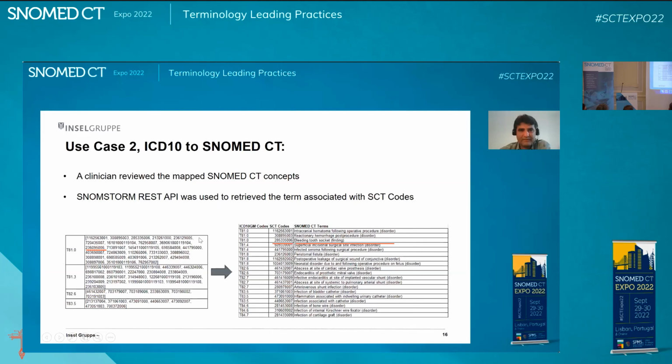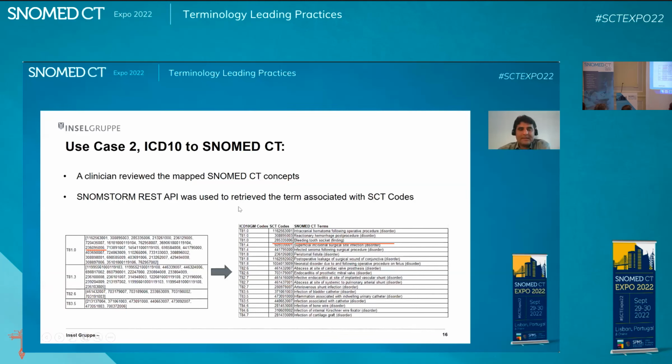For example, here you can see that bleeding socket is one of these terms. This makes it easy for the clinician to choose which clinical term is associated with which concept, and to filter out the ones which were not really specific to that particular concept.